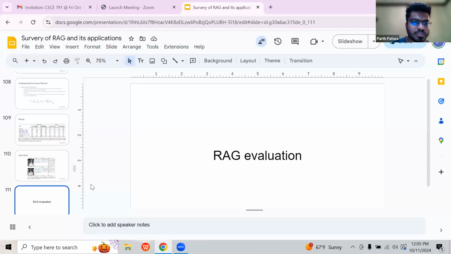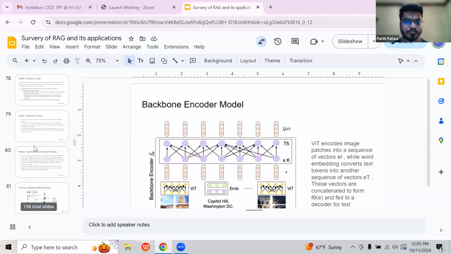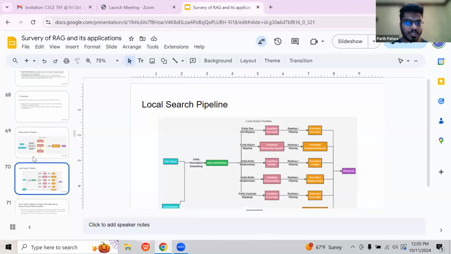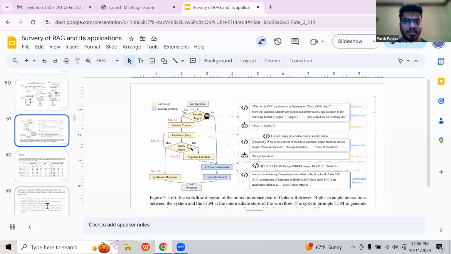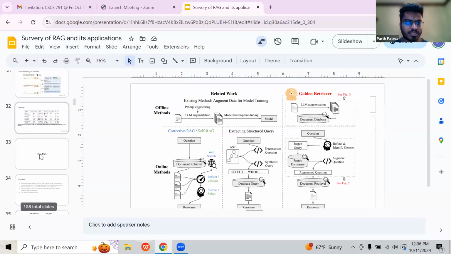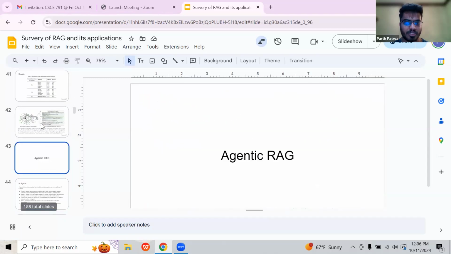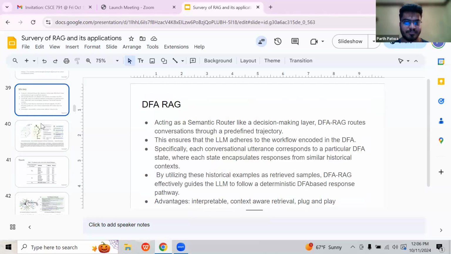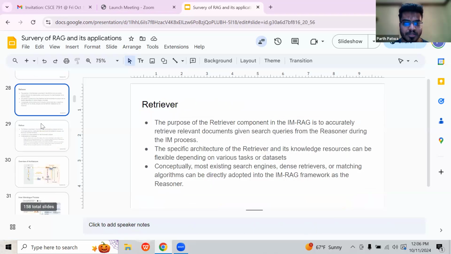So we use the same evaluator multiple times. Once we have those documents retrieved from the web, we can again use that same evaluator to evaluate those documents and do it in a recursive manner. I can probably quickly bring it up.